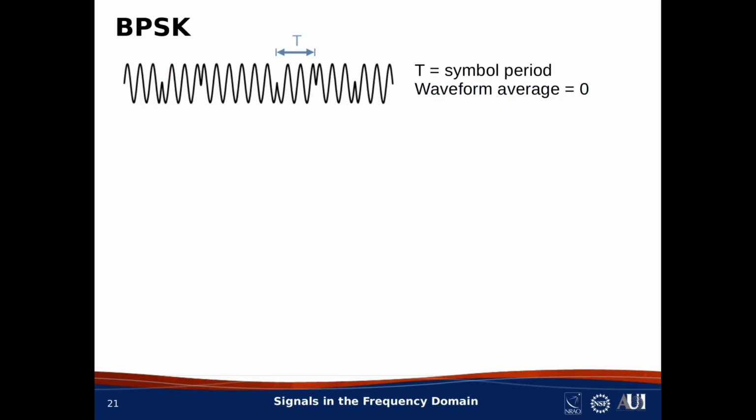Now let's consider a different digital modulation, BPSK. Recall that in BPSK you have, once again, two symbols, but in this case the two symbols have the same carrier magnitude, but opposite carrier phases. Once again, we assume the symbol period T and a time average value of the waveform of 0. What do we see in this case?